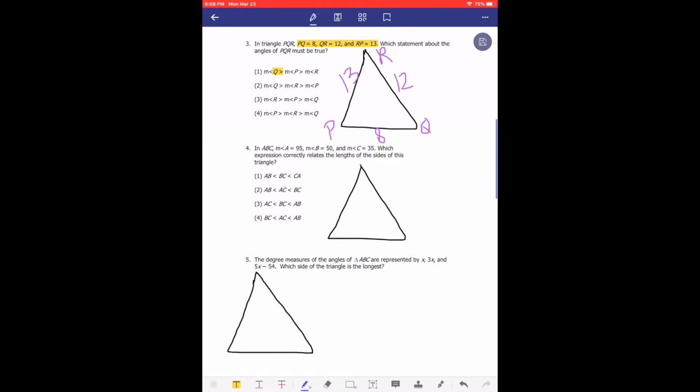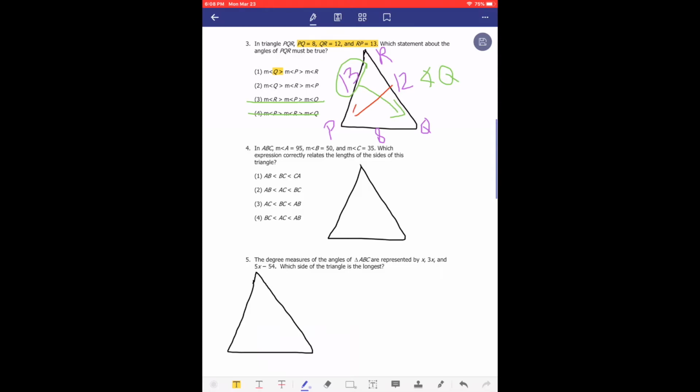So my largest side is 13, and the angle opposite that is angle Q. So I know I have to start with angle Q. That means I can eliminate choice 3 and choice 4. My next largest side is the side RQ, which is 12.